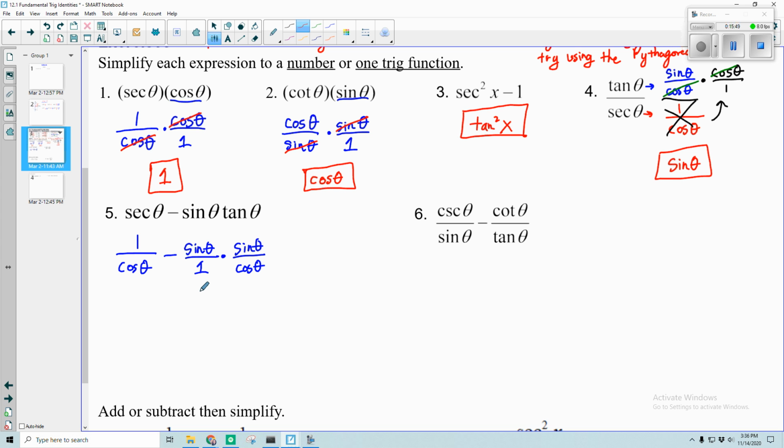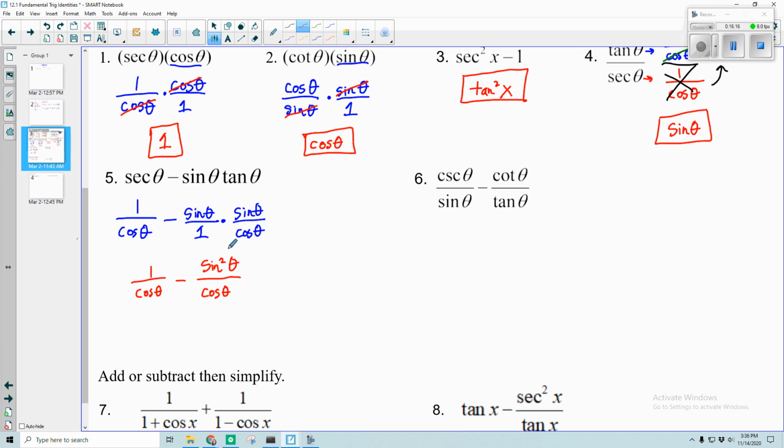So if I multiply this together, I'm going to get sine squared, okay? Because you can kind of think of this like x times x would be x squared, so sine times sine would be sine squared. And then the denominator for that, well, 1 times cosine is just cosine.